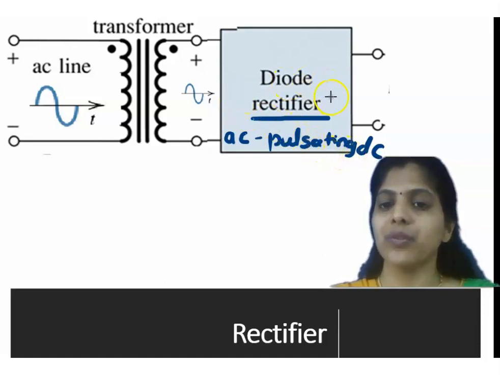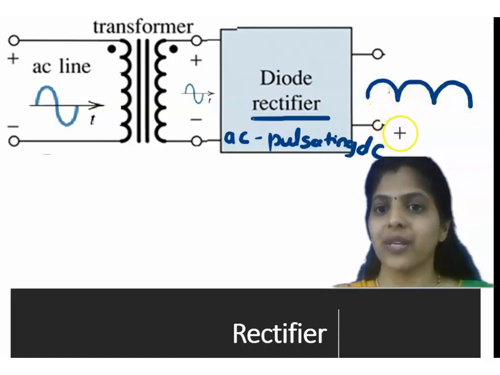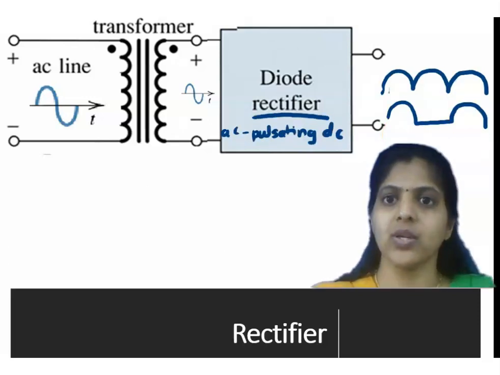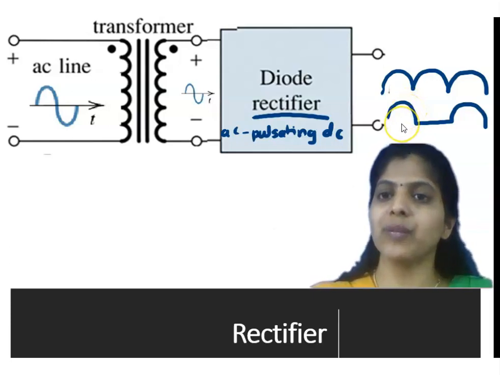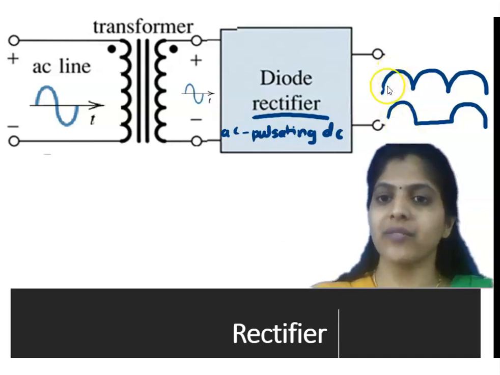The output waveform of the rectifier will be like this for the full wave rectifier, and for the half wave rectifier the waveform will be only in the positive half cycle. So simply the rectifier circuit will convert AC into a unidirectional AC depending on the type of rectifier. If it is a half wave rectifier, the output will be only in the positive half cycle, whereas if it is a full wave rectifier, the output will be in both half cycles.